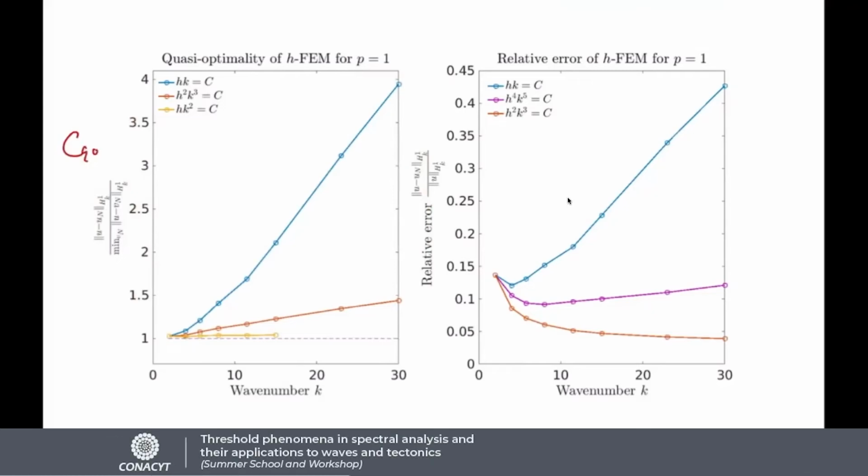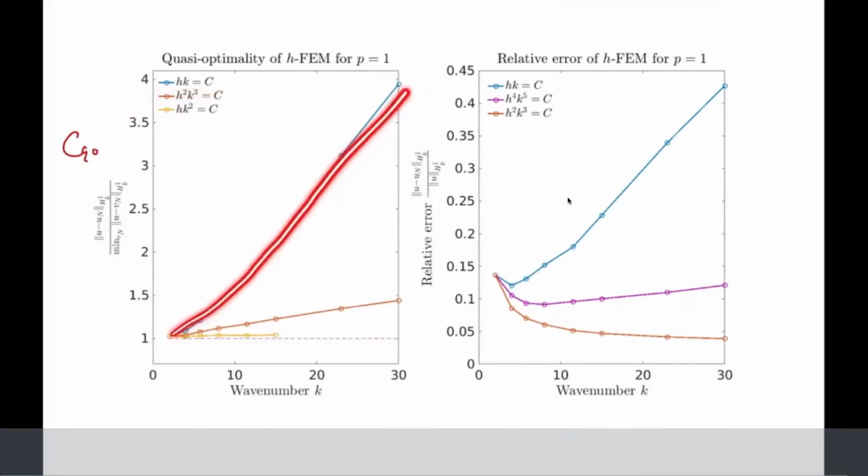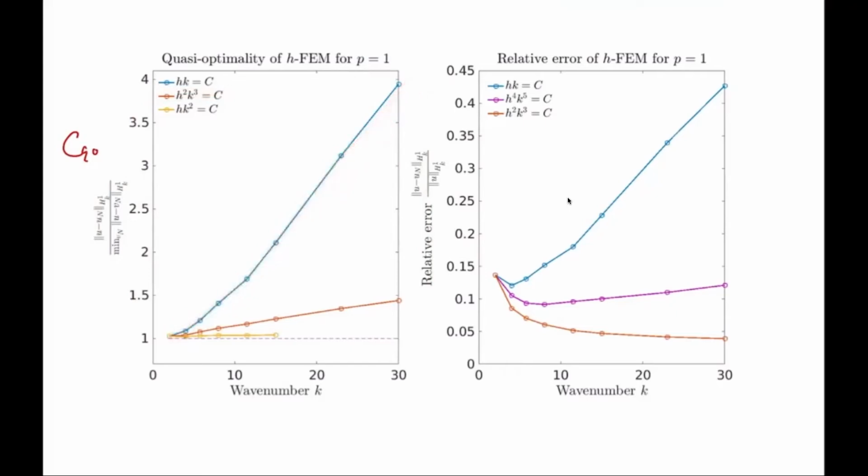It's the ratio of the Galerkin error and this best approximation error. You see when hk is constant, as Kirill suggests, and as you expect, this C_QO grows with k. It's only constant when you have hk squared constant, and you see that this yellow line, hk squared constant.